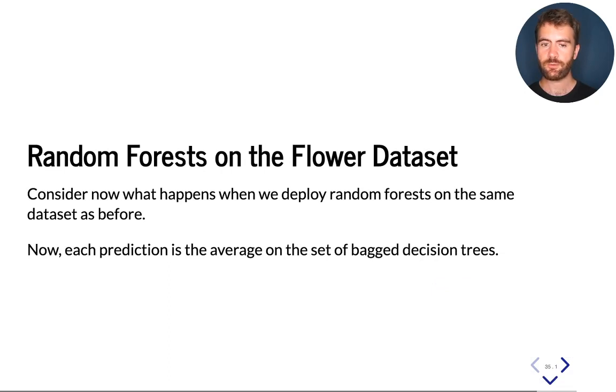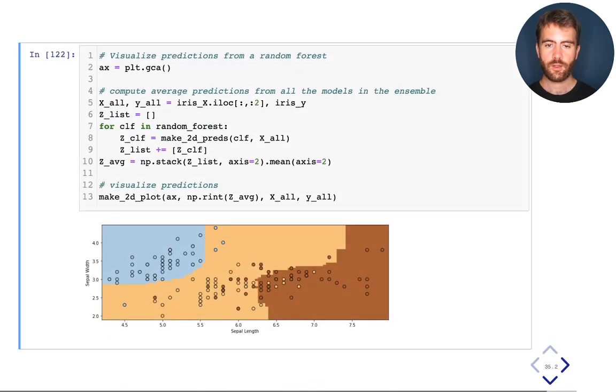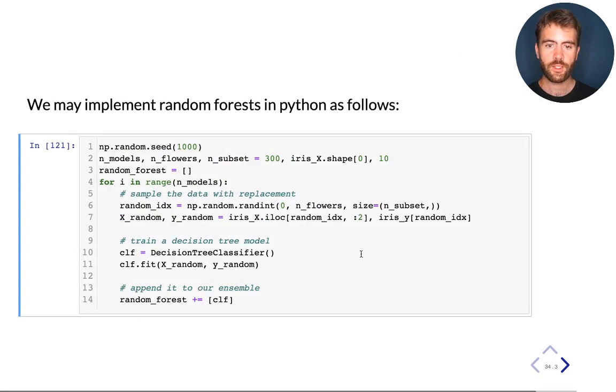Now, let's see what happens if we run these random forests on the flower dataset. In one of the earlier slides, there was a cell in which I implemented random forests. Training that creates a set of models, and now I can visualize their predictions on the flower dataset. Here we have 300 models, and each of them is sampling only 10 data points.